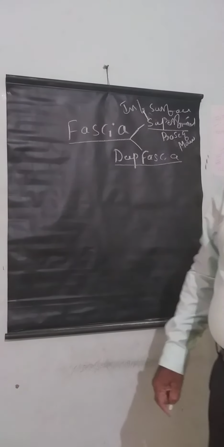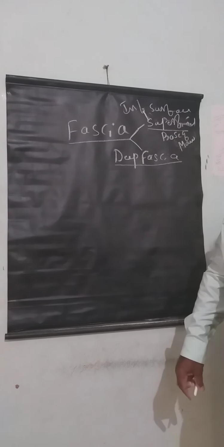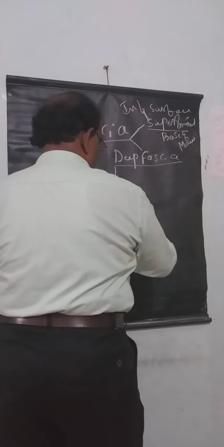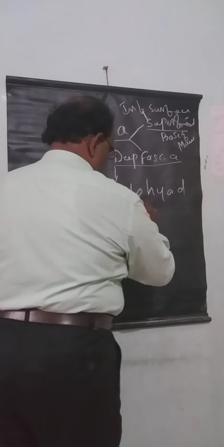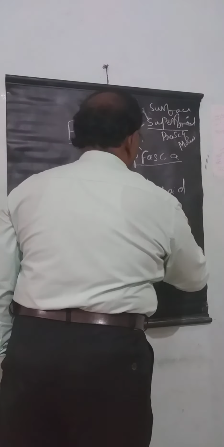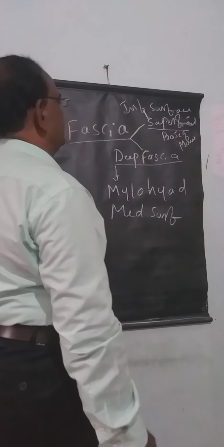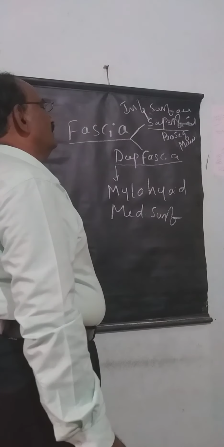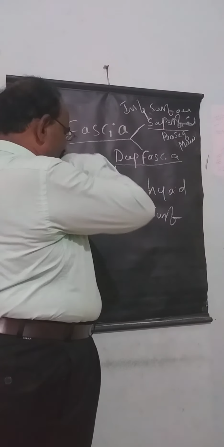And the deep fascia covers the medial surface of the gland, the mylohyoid muscle and the mylohyoid line. The superficial fascia covers the inferior surface of the gland and base of the mandible.